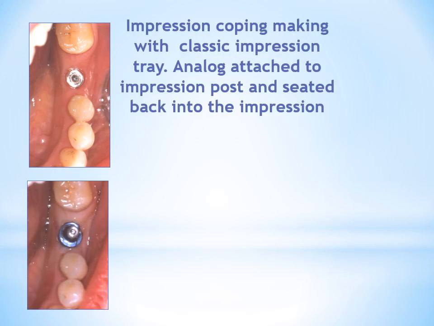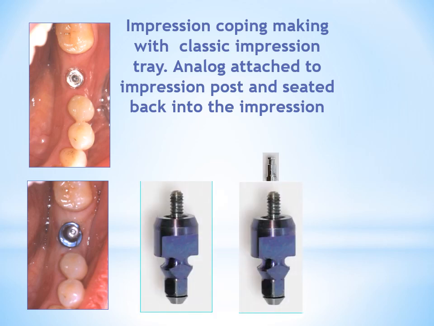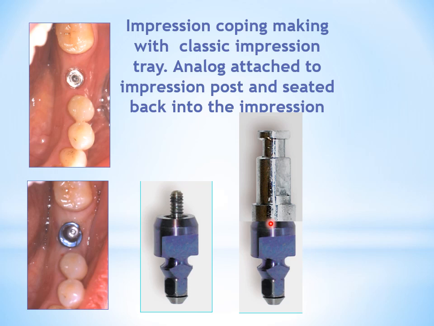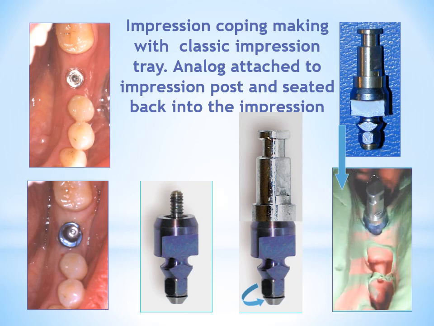Impression coping making with a classic impression tray. The analog is attached to the impression post and seated back into the impression. So we put the analog that is suitable for this impression post, screwing it and seating it in the impression.